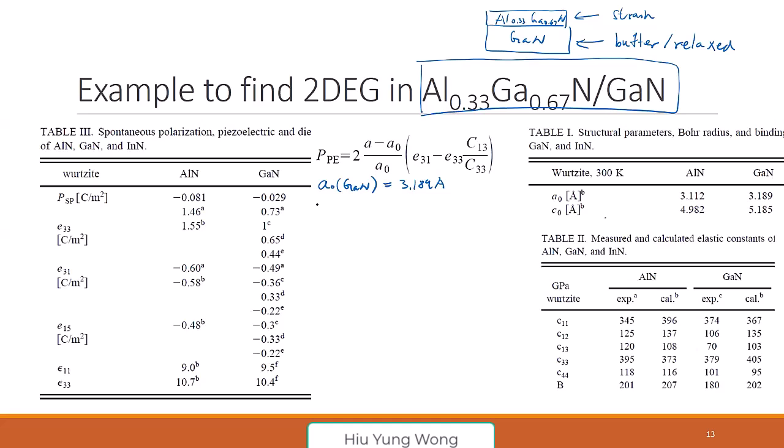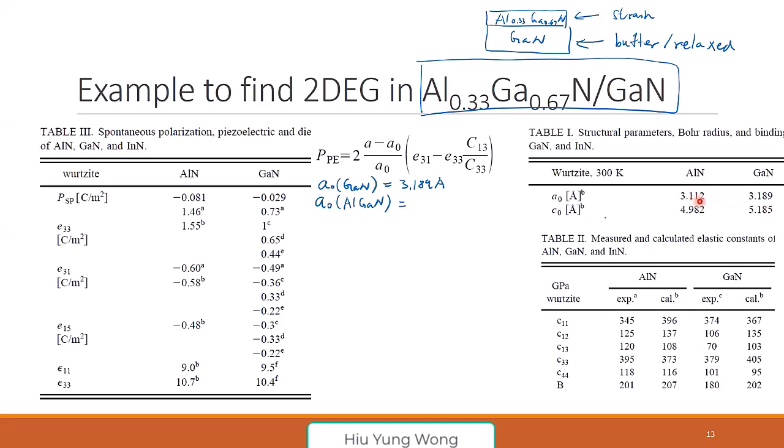Okay. And then what is the equilibrium lattice constant for aluminum 0.33 gallium nitride? Can someone tell me? 3.112. But 3.112 is for aluminum nitride, right? What will you do? You are almost there.